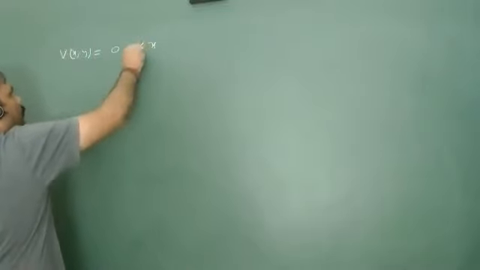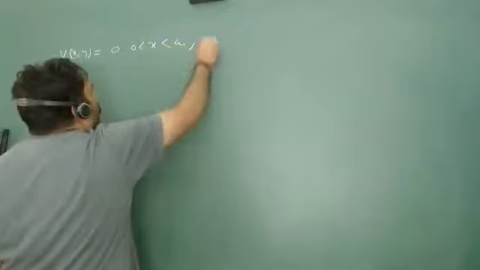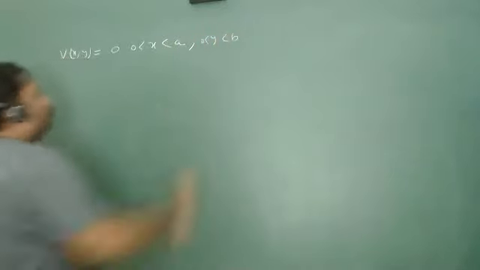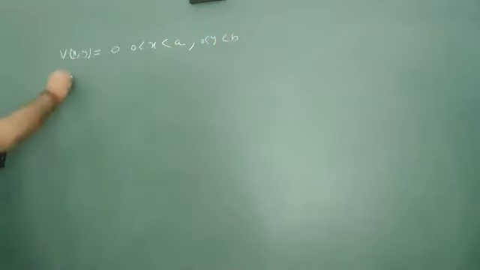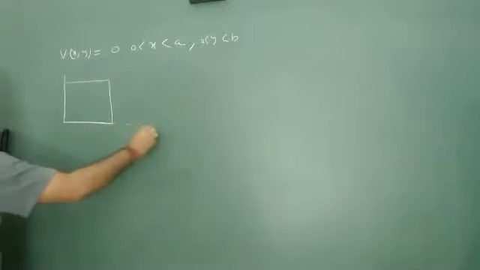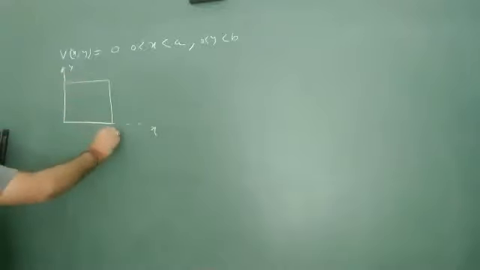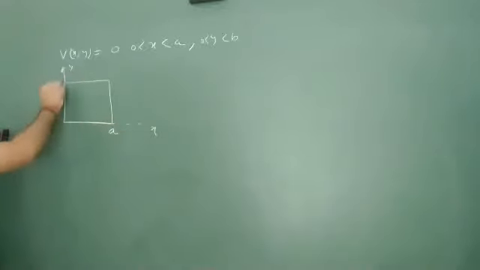We have two dynamical variables x and y, and the potential will be 0 if x is between 0 to a and y is between 0 to b. So this is something like a rectangular box. This is my x-axis, this is my y-axis, and the particle is confined to this plane. Not a lot of particles, one particle that can move in a plane. So this will be a, this will be b.